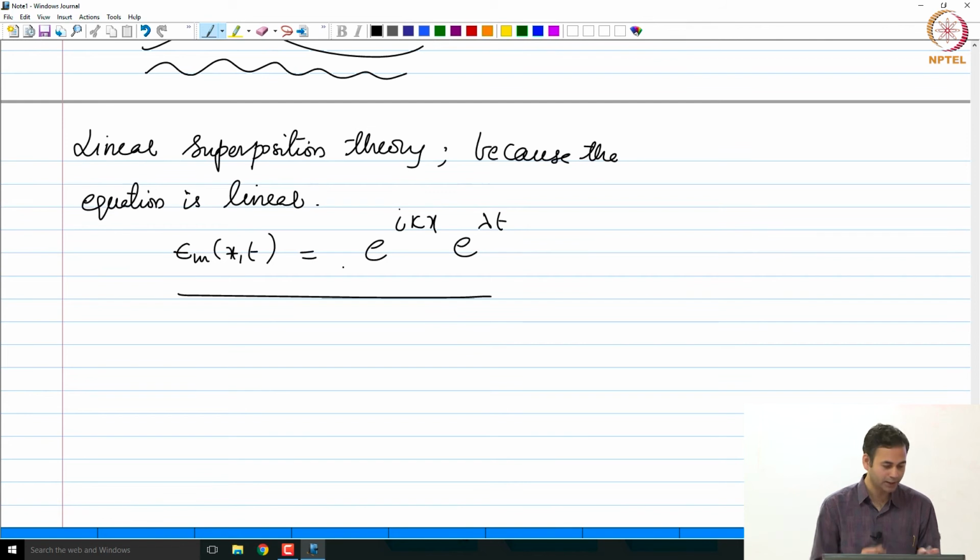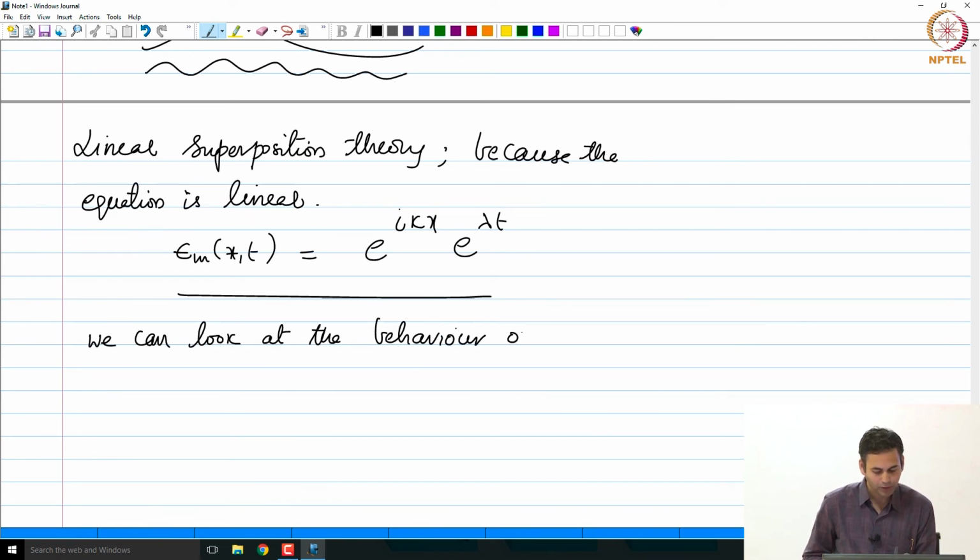As a result, because of the linearity of the original equation, we can look at the behavior of a single term in the expansion. Okay.